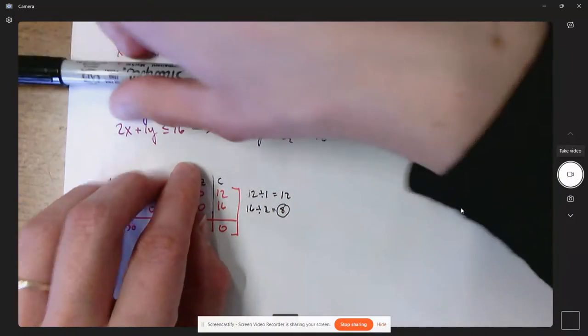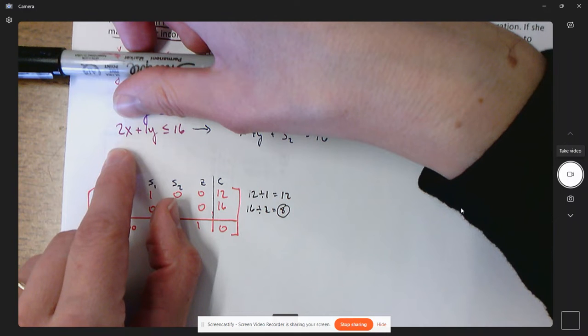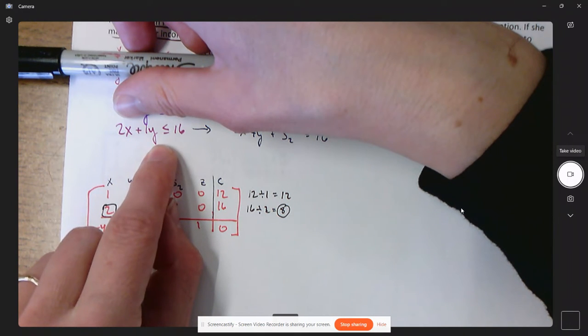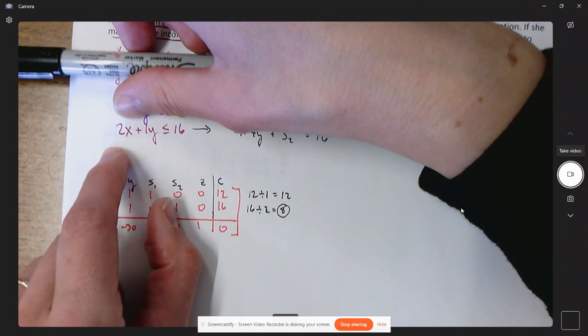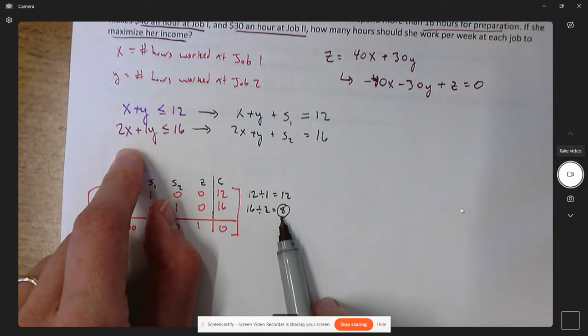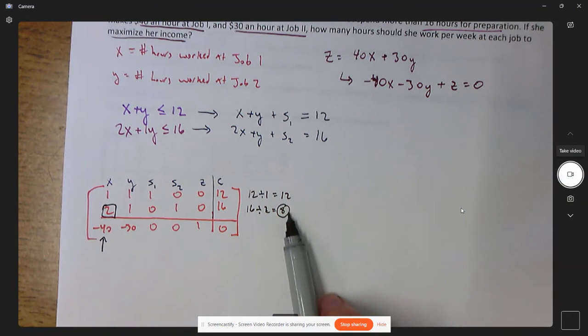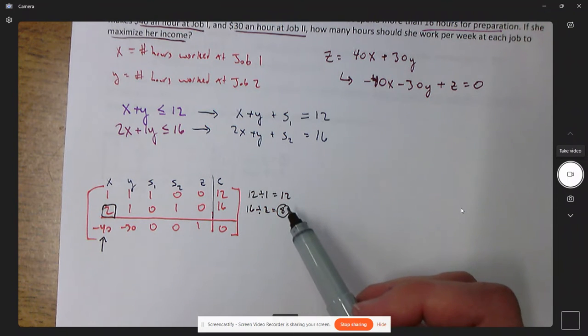For the second equation, the biggest number that x could be would be 8, because if there's no y's, then 16 divided by 2 would get you to that 8. So 8 is the absolute biggest that x could possibly be. So 12 and 8, those are, for each of those equations, the biggest number that you could possibly get for x.